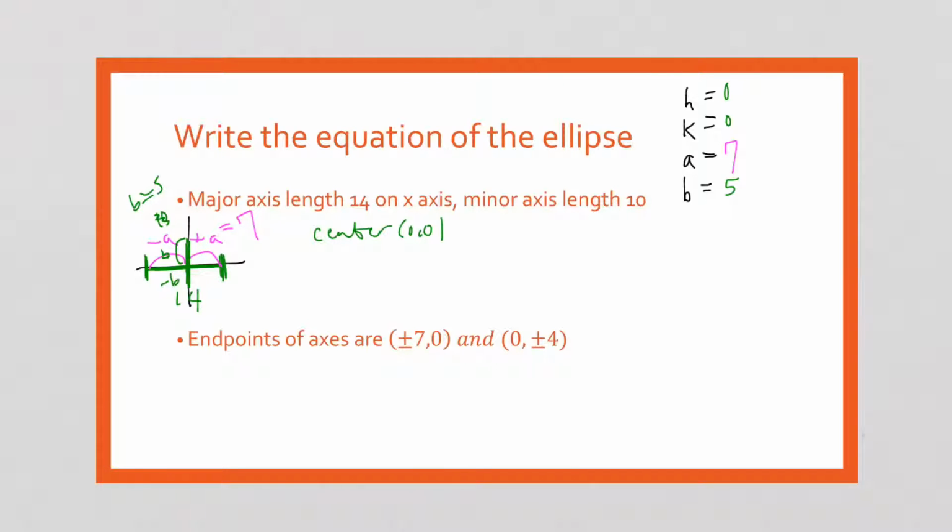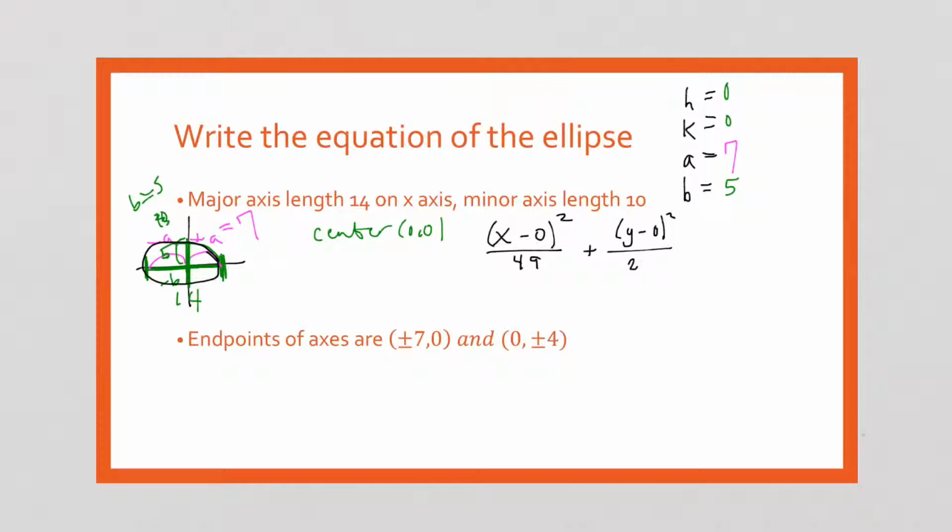Well, my major axis is on the x-axis, which means my ellipse is gonna do something like this. And so it's flatter this way, so it's an x squared. So I go to my formula, x minus h squared over a squared. Remember, a was 7, so this is going to be over 49, plus y minus k squared over b squared.